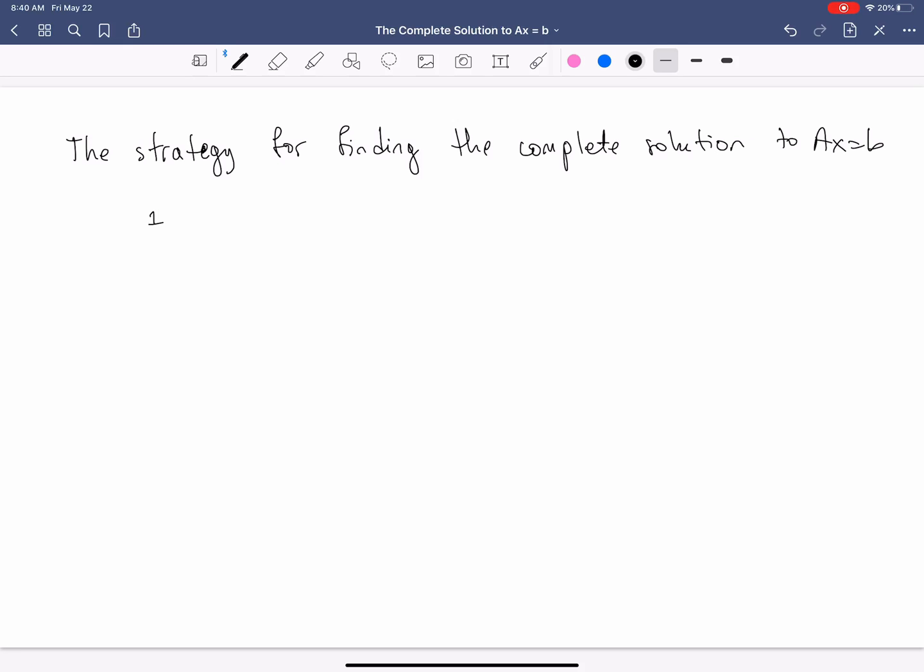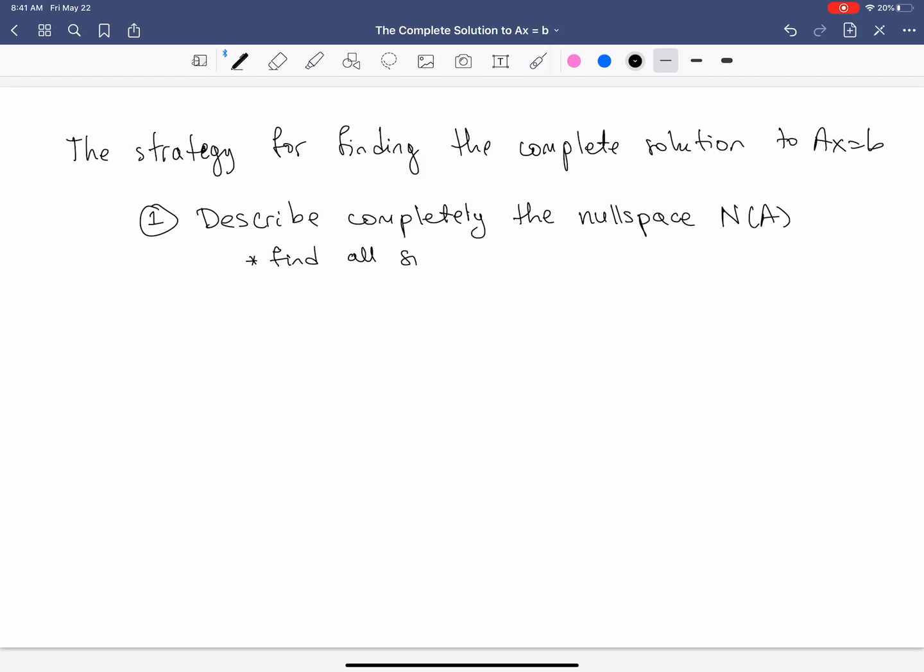So first, describe completely the null space of A. How do we describe the null space of A? So here are some steps. Find all special solutions.